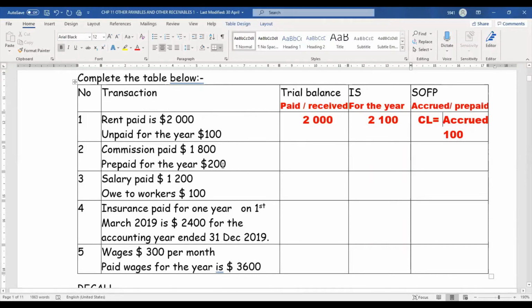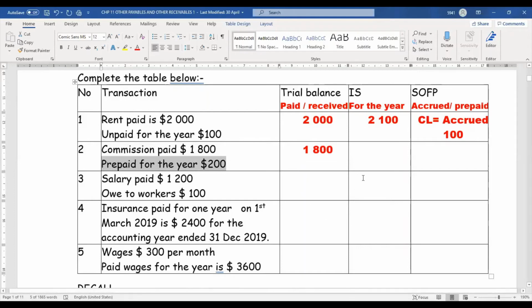Okay, we try question number 2. Commission paid is 1,800. So in a trial balance, I'll write 1,800. How much did I pay? It will be recorded in the trial balance. And I realize there's a prepaid for the year of 200. Prepaid for the year means that particular 200 is not for this year.